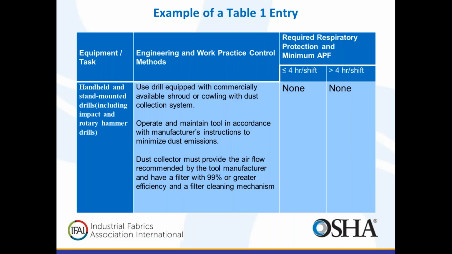What I did is I took 2 of the 18 different tasks that are listed in the table and put them on a screen here for you. Basically, these are the ones that I think your employees will be participating in the most. The first one is handheld or stand-mounted drills, including impact and rotary hammer drills. So on the left side, it has the equipment task listed. In the center, it tells you what kind of tools you want to use and what kind of work practice and engineering controls you need to use in order for those tools to be effective.